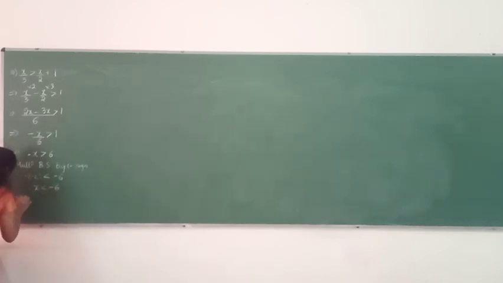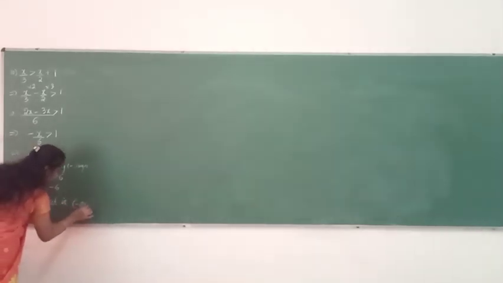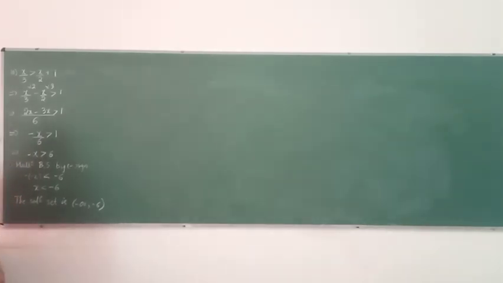Therefore, the solution set is x less than minus 6, which means it tends towards minus infinity. So it will be open interval minus infinity comma minus 6. Okay, this is the solution for this question.